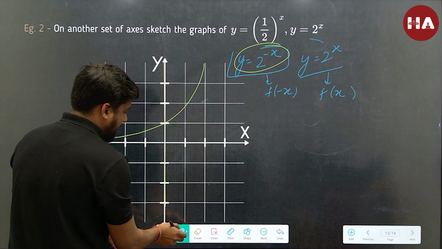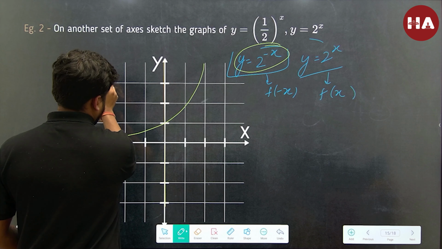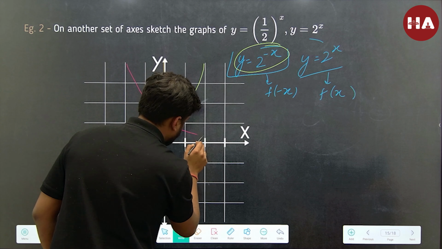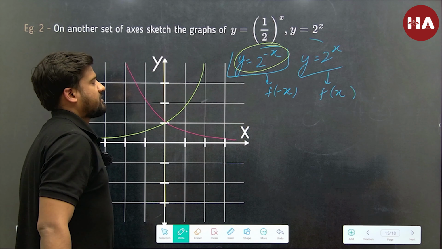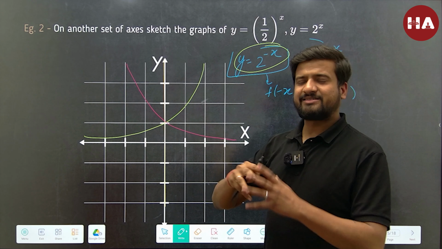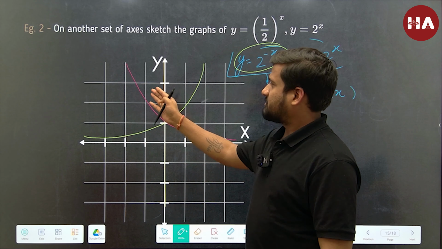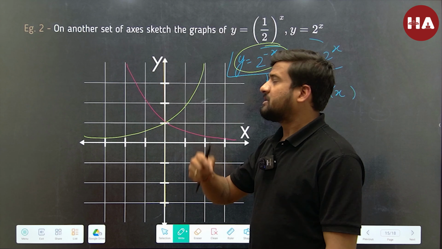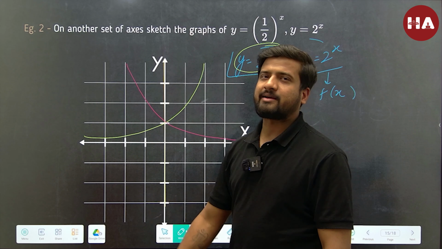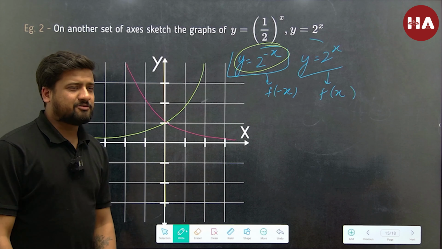So I'll be getting something like this. Check it out. You'll see that yes, this is the exact reflection of each other. The pink graph is the reflection of the green graph exactly in the y axis. All right. So please note it down.